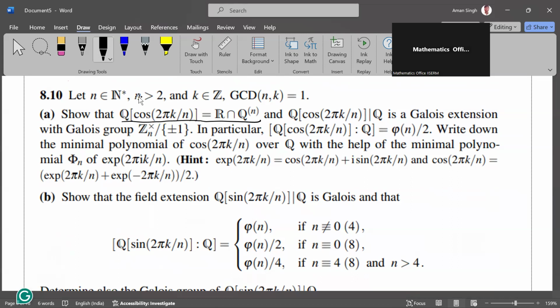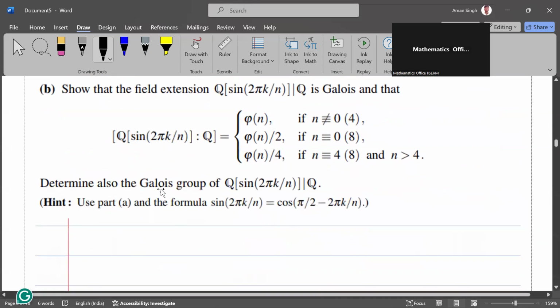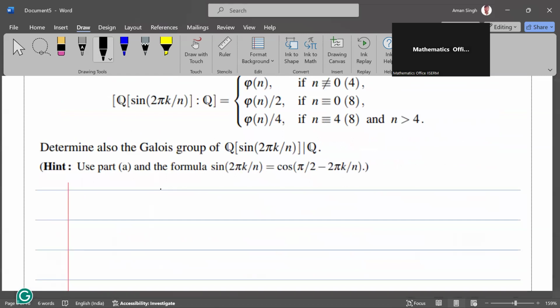This is fine. What is the nth root of unity? Part A. Q is anyway a subset of R, right?